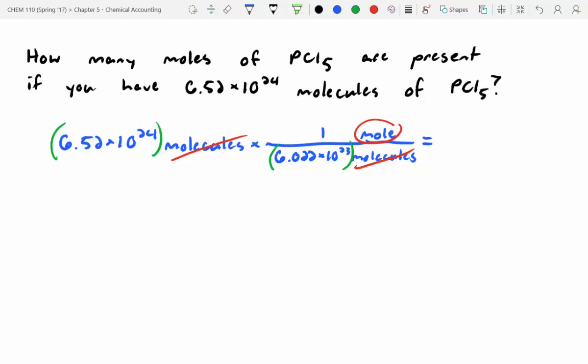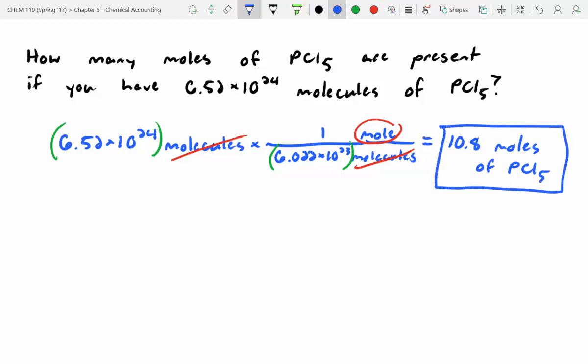How many sig figs should we have? Yeah, so we should have 3 sig figs, so we may need to do some rounding. So this should be 10.8. Phosphorus pentachloride. So remember to keep track of your sig figs when doing these conversions. It's easy to forget that.